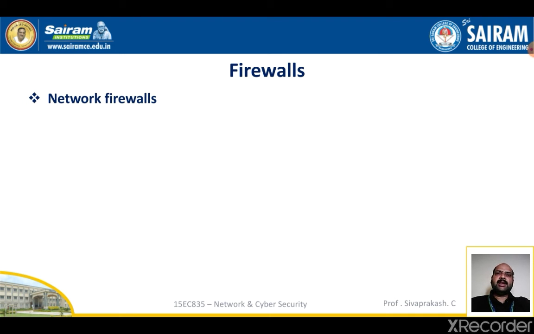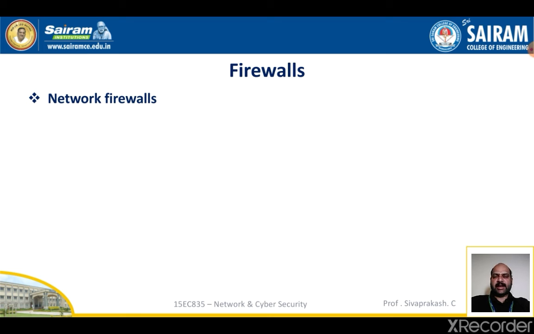A firewall is a network security system that monitors and controls incoming and outgoing network traffic based on predetermined security rules. A firewall typically establishes a barrier between a trusted internal network and an untrusted external network such as the internet.